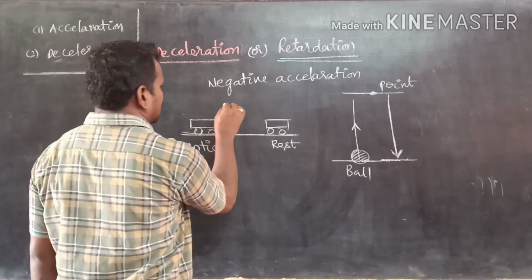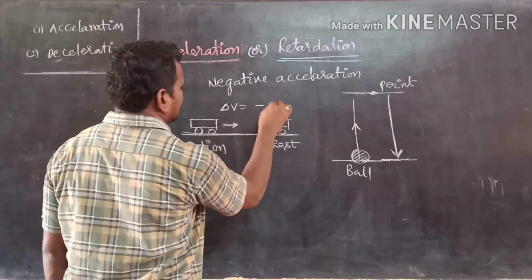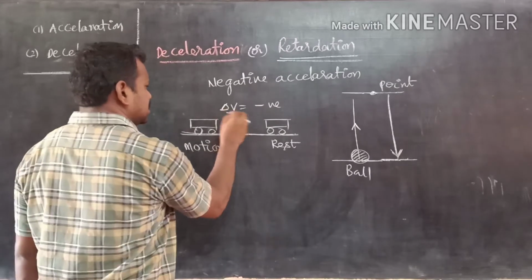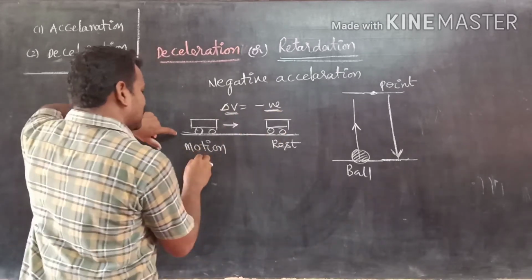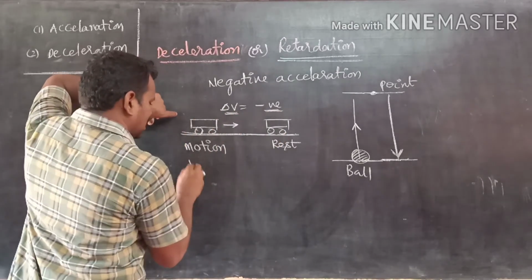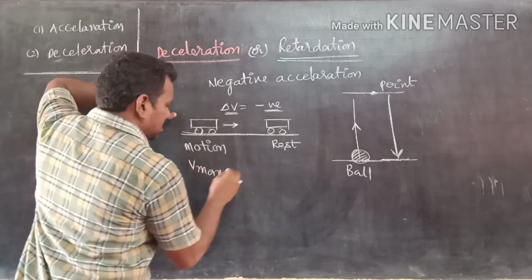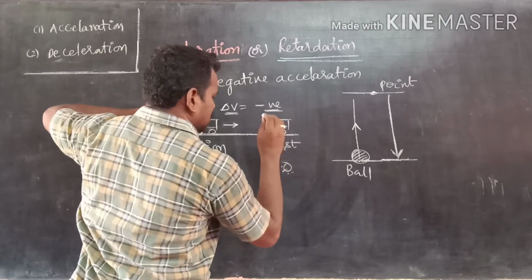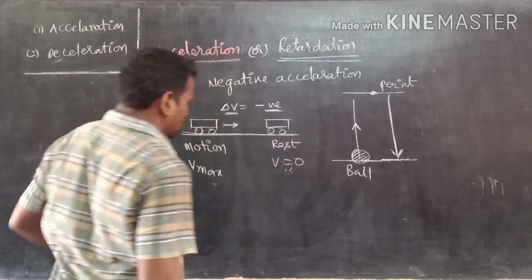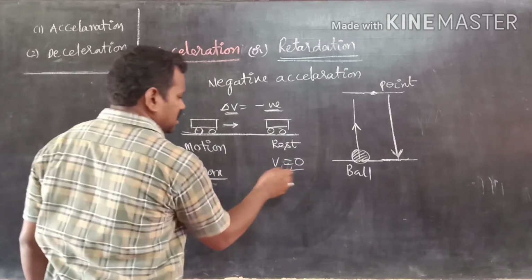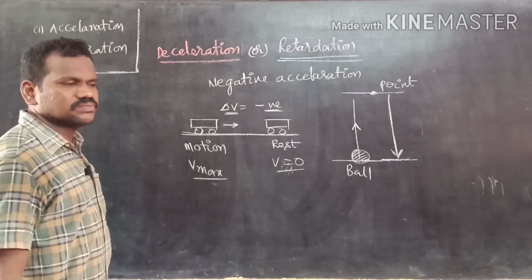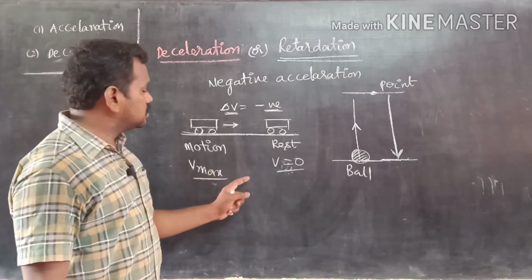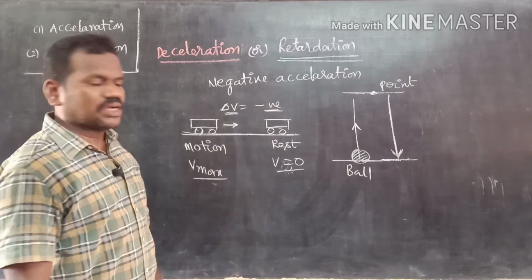What does it mean? Here Δv is negative, meaning the change in the velocity. First of all, the velocity of the body is v max, and here the body comes to rest, which means velocity is equal to 0. Here maximum velocity is there, here the velocity is less. Now what happens? Acceleration also becomes negative.